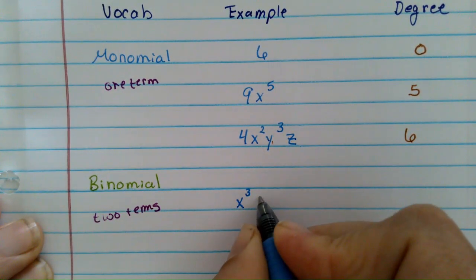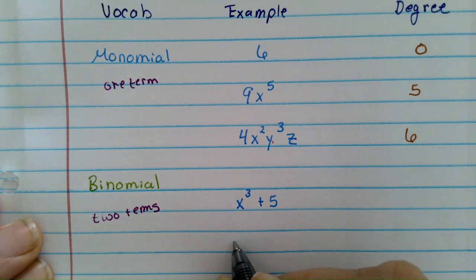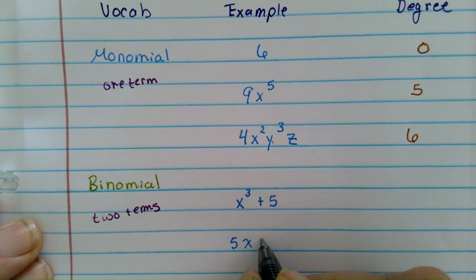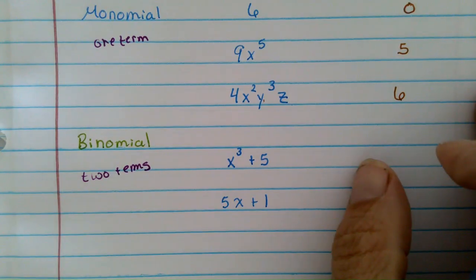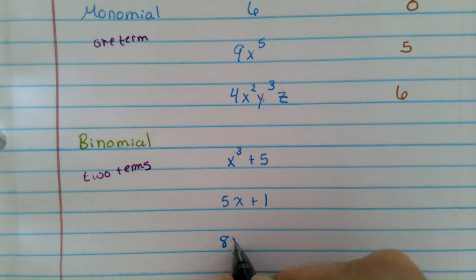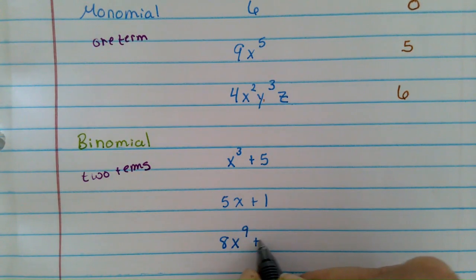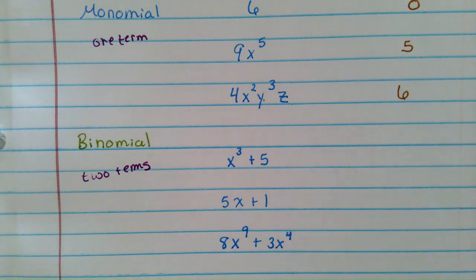X cubed plus 5. 5x plus 1. 8x to the 9th plus 3x to the 4th.